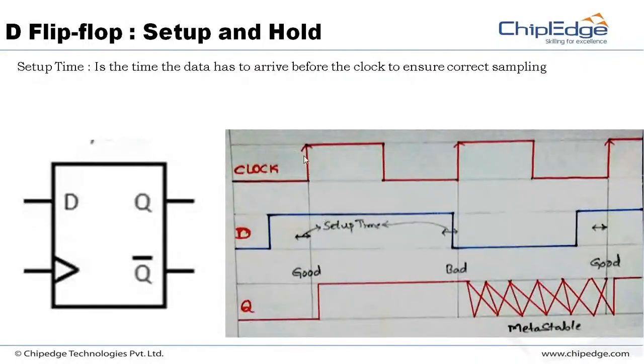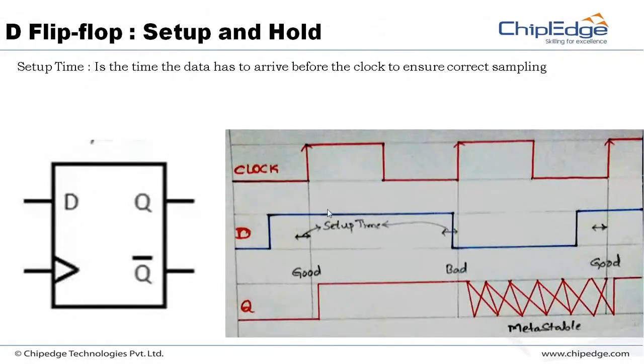The D flip-flop has a setup time, so before the clock edge, D should have got the data. It has got the data well before this. It is only this much time, but it has come so early and it is good to catch. So it will be sampled, and you see the Q output of the flip-flop is 1.